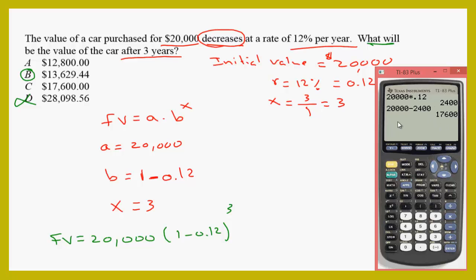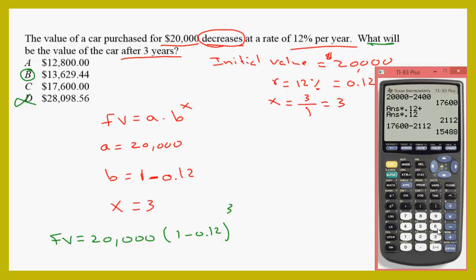The second year you multiply this number by 0.12 and it equals this number, and then you subtract: 17,600 minus 2,112 equals this amount.